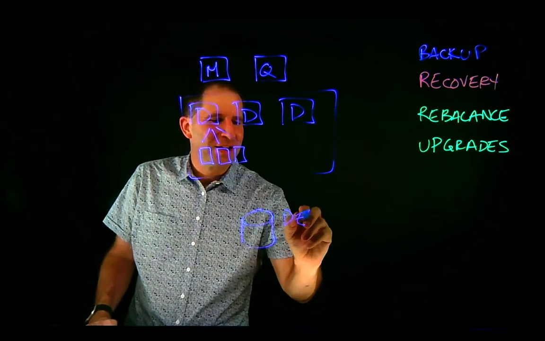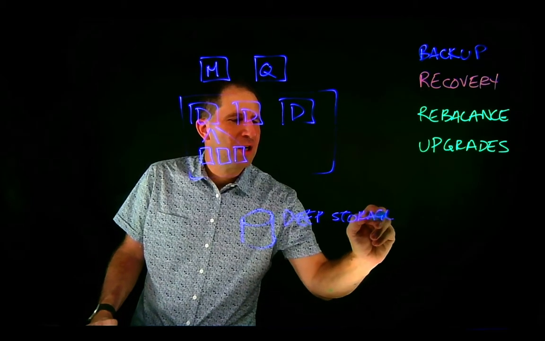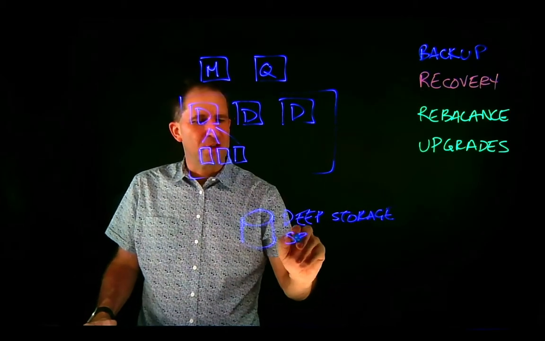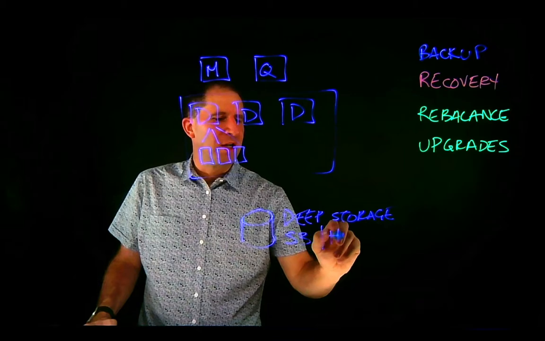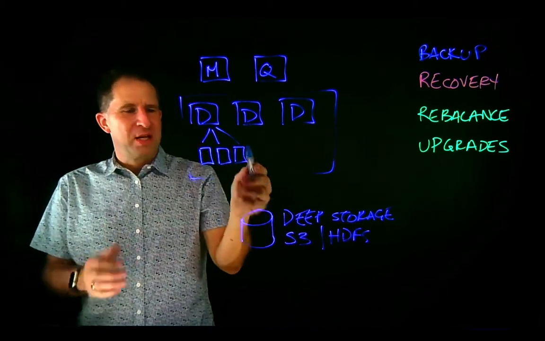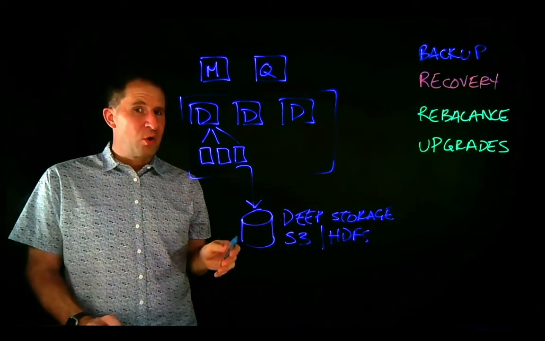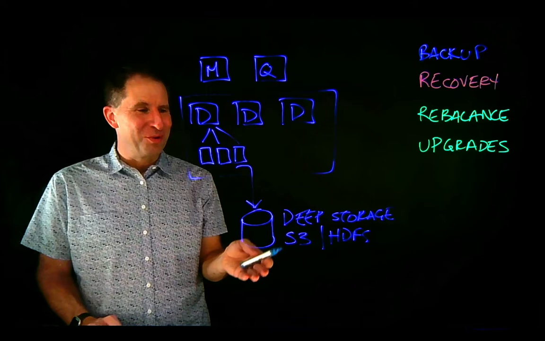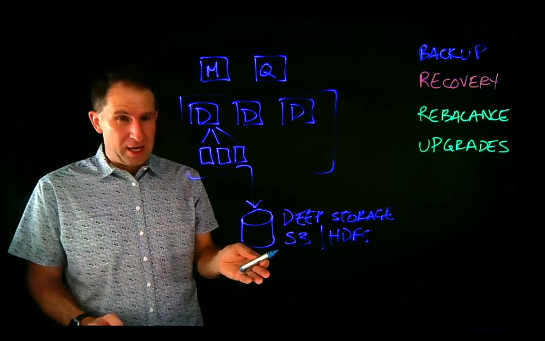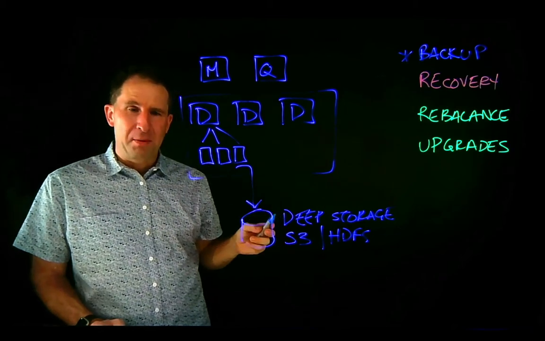We commit that data to deep storage, which could be in the cloud, for example, in S3, or if you're running on premises, maybe it's Hadoop. So data comes into the system, hits these data segments, and then is automatically committed to deep storage, which is a highly reliable storage layer that's not likely to go down. And this is how we get that automatic backup, okay?